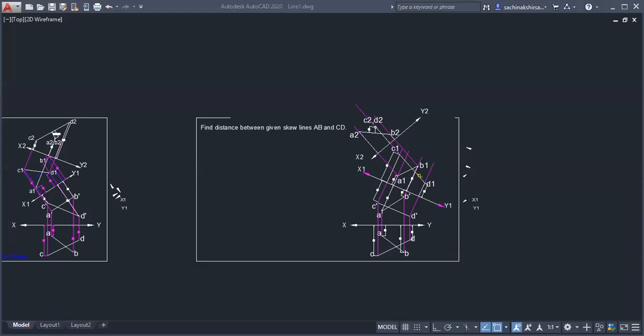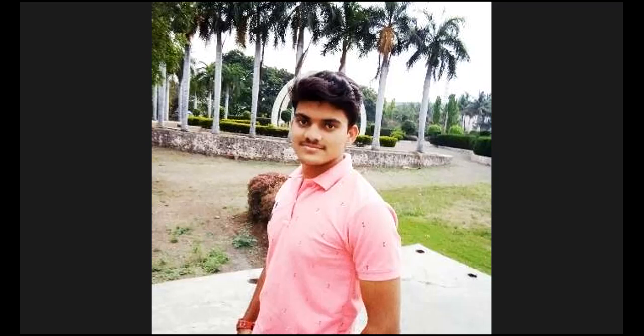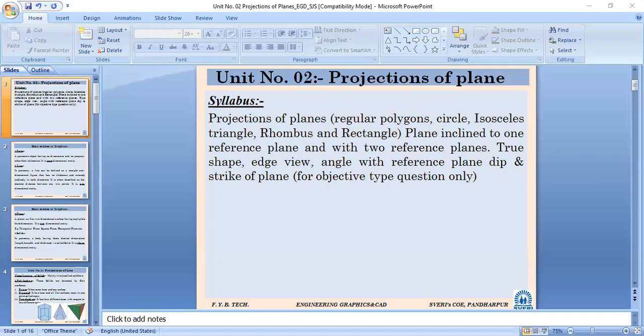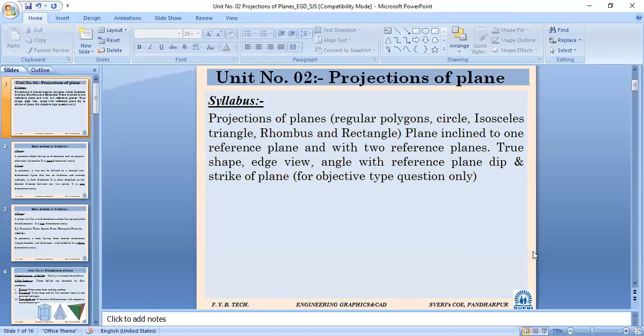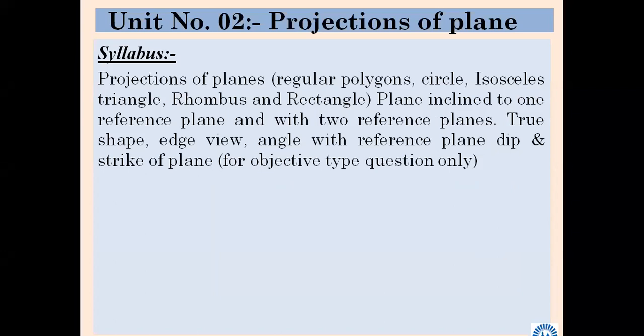Same screen, sir. Just check now. Whether the screen has changed. Yes, sir.